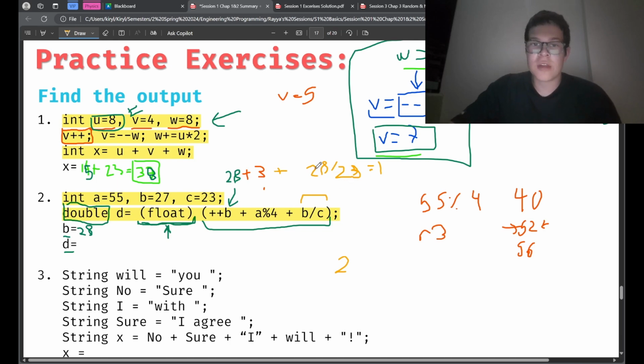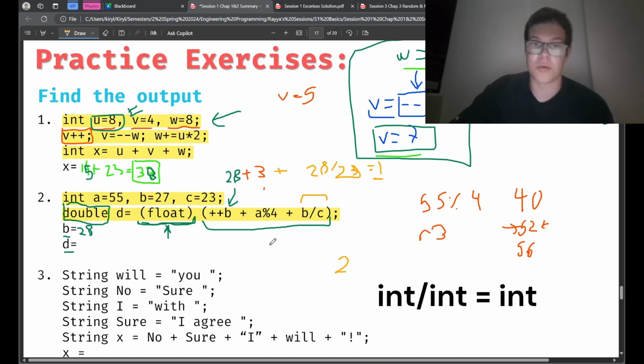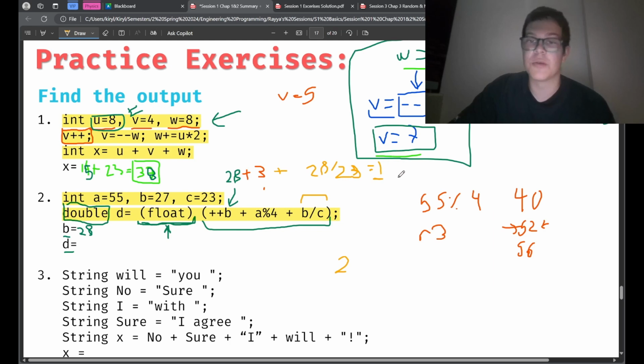But we don't need to do that. Why? Because 28 divided by 23, both of them are integers, so I'm going to get an integer at the end without any decimal points. Again, if I had 28.0 divided by 23, the answer would have been 1.26. If I had 28 divided by 23.0, it also would have been 1.26. But because both of them are integers, I'm going to be left with 1.